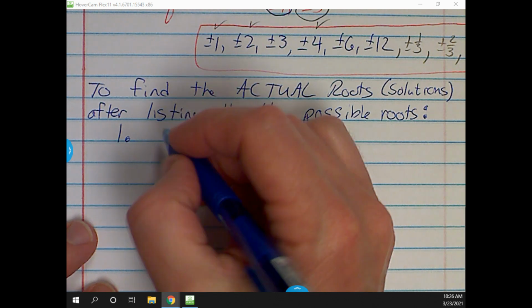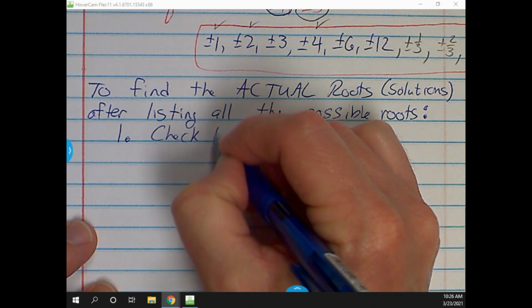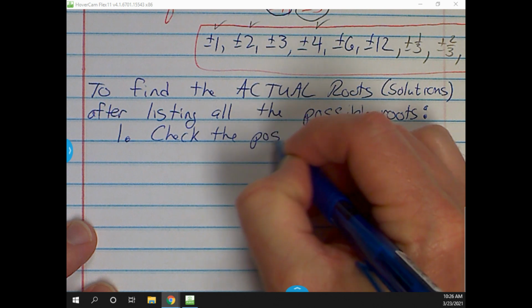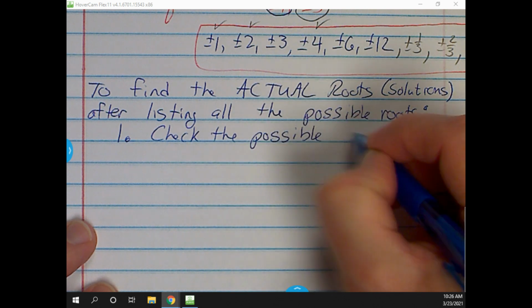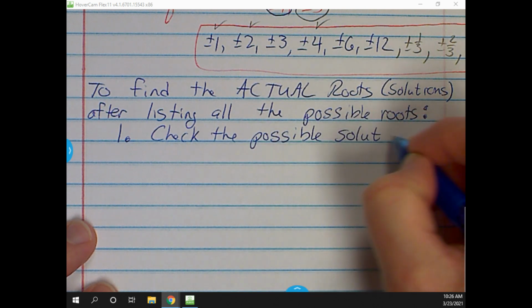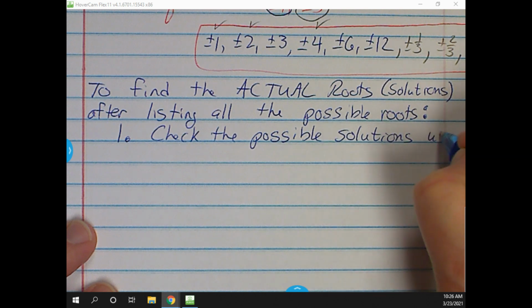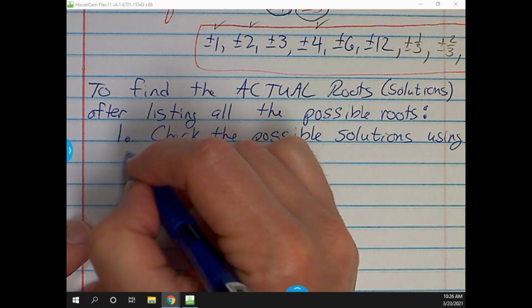Number one, you're gonna check the possible solutions using synthetic division.